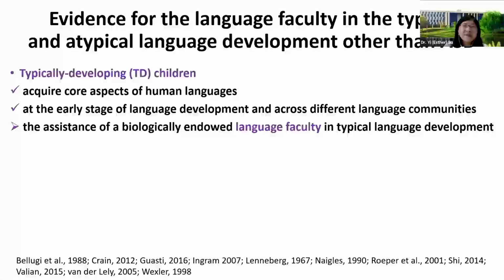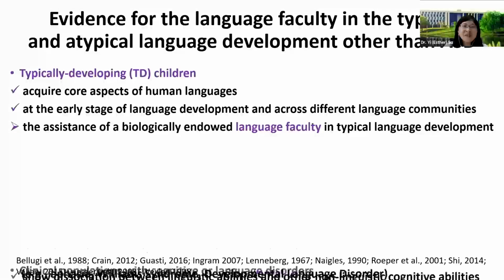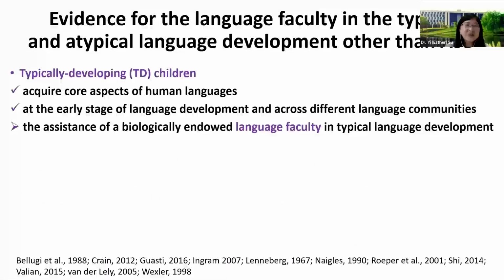These studies prove that we have the assistance of a biologically endowed language faculty in typical language development, because TD children, or typically developing children, acquire core aspects of human languages at an early stage of language acquisition and across different language communities.